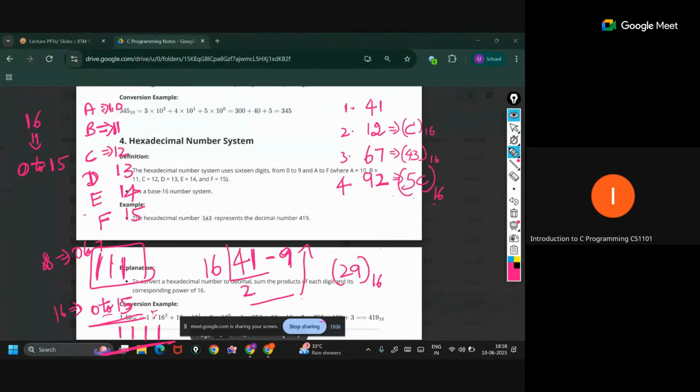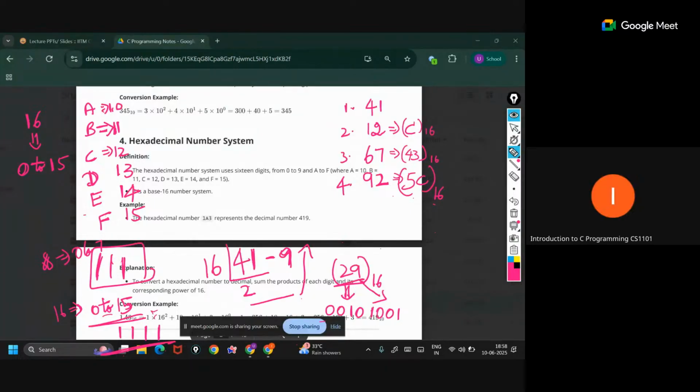So here also, if it is 29, represent 2 in 4 bits. So I'll get it as 0, 0, 1, 0. How about 9? 1, 0, 0, 1, right?